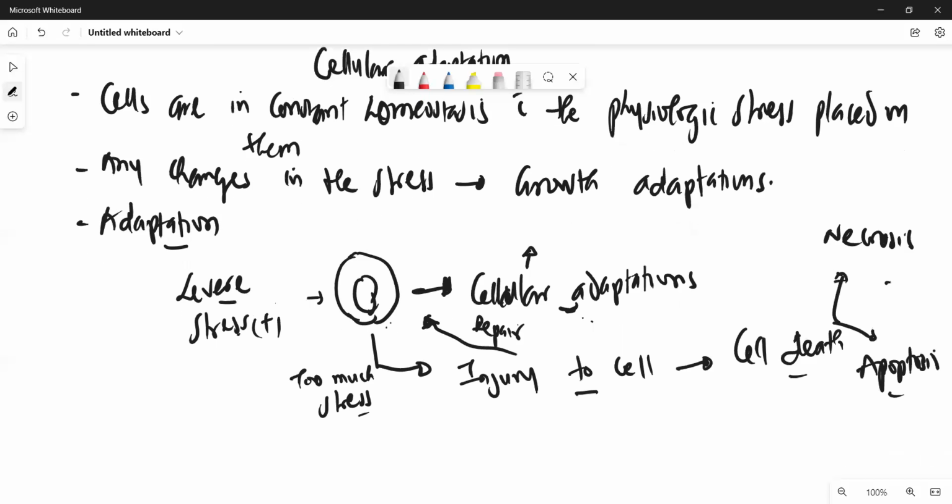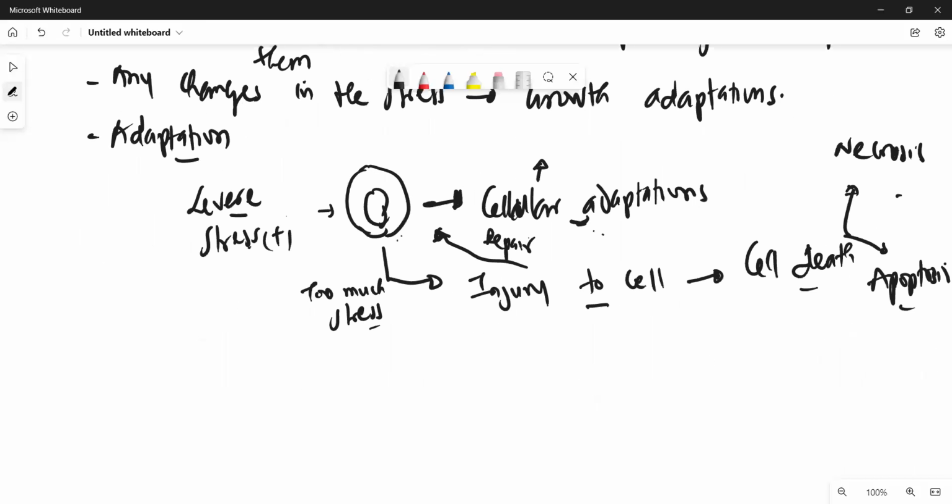So having said that, just in summary, we have a cell which is normally in homeostasis with the regular physiologic stress. But if the stress is too much, or if there's any change in the stress, then the cell has to adjust to that new stress level. And that adjustment is what we call cellular adaptation.